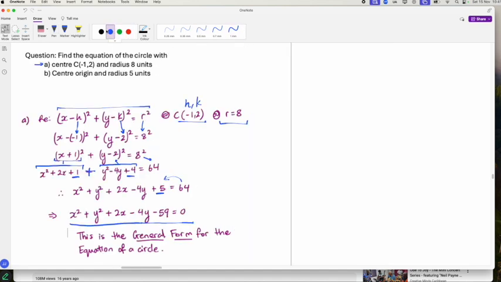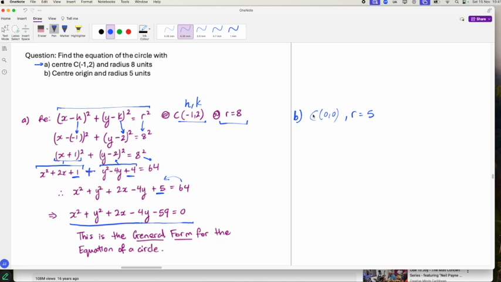If we look at part B, the center is 0, 0, and the radius is 5 units.